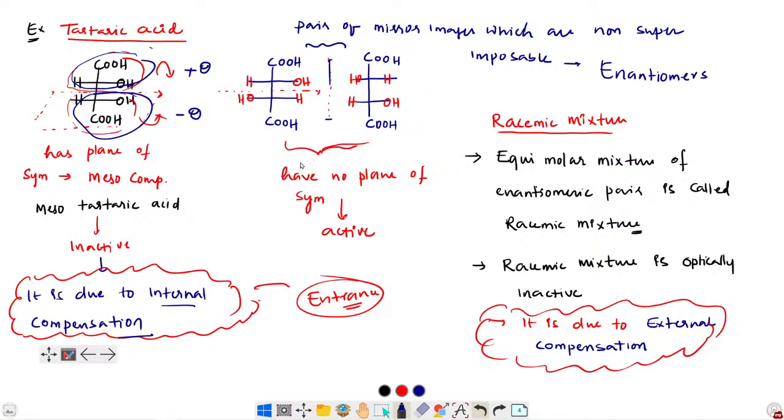And if this entire molecule rotates the PPL plus theta, and this molecule rotates it the opposite way, minus theta, the net rotation is 0. That phenomenon is known as external compensation, and this phenomenon is internal compensation. Understood?